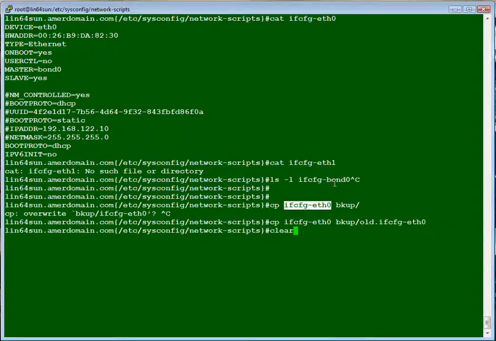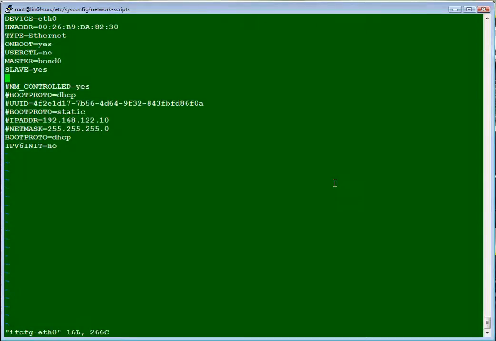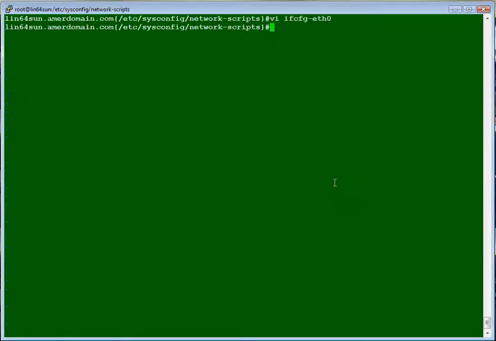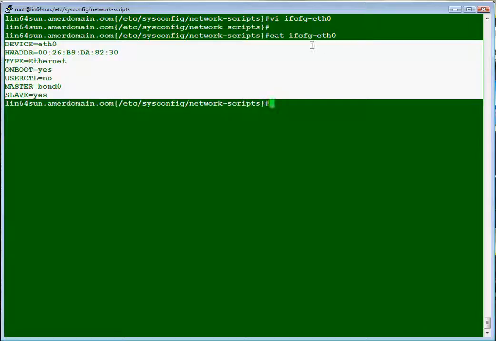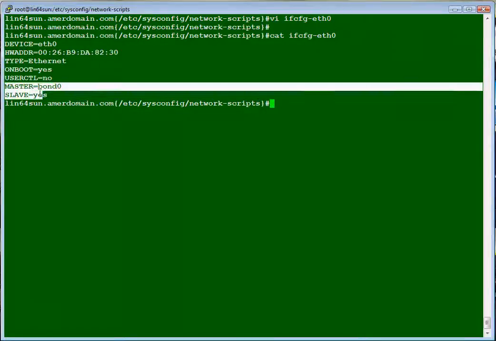Okay, see, we don't want all this junk. We just want only these entries for my ethernet card configuration. This configuration is for bonding purpose, this master and slave and all this, that is for bond.